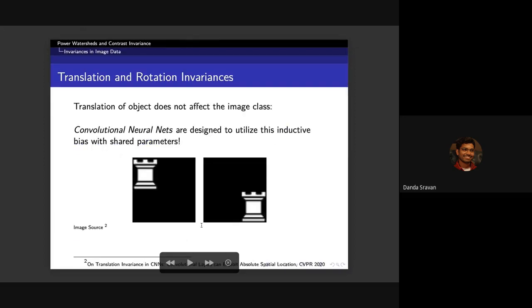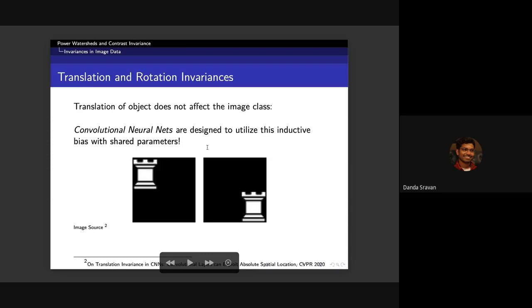So to start with, many of us know that translation and rotation invariances are heavily used in images. By translation invariance, what I mean is, suppose I have an image as you see on the left side. Even if I translate the object in the image, if I want to classify this image as a particular class, it would still be the same class.